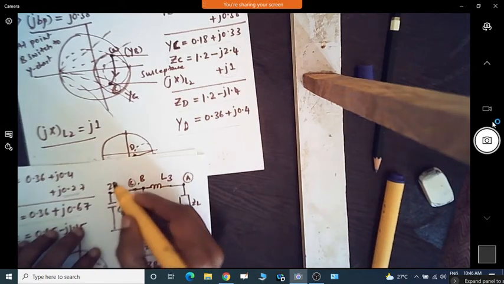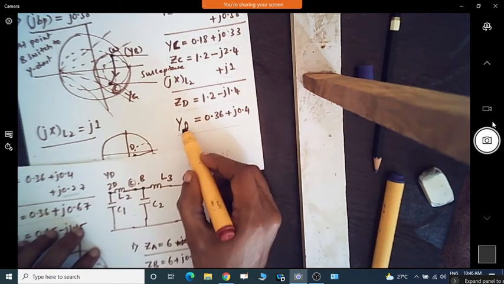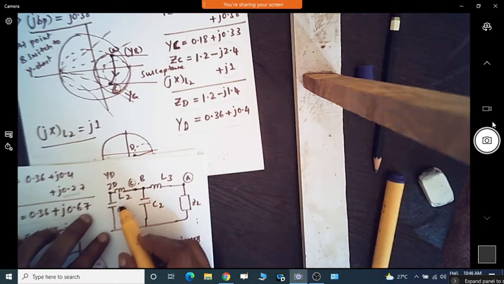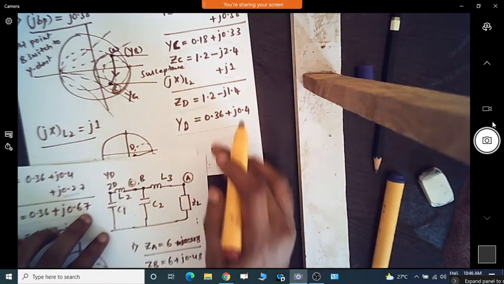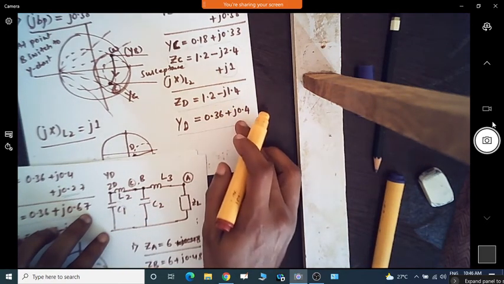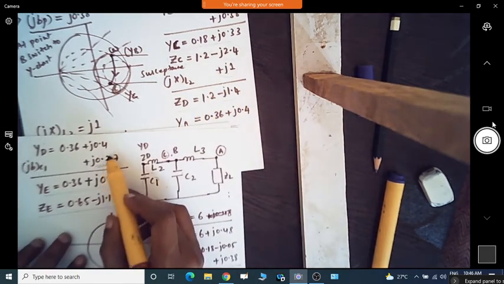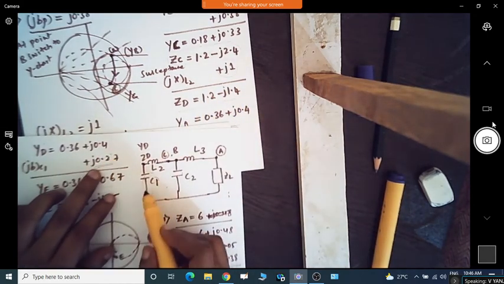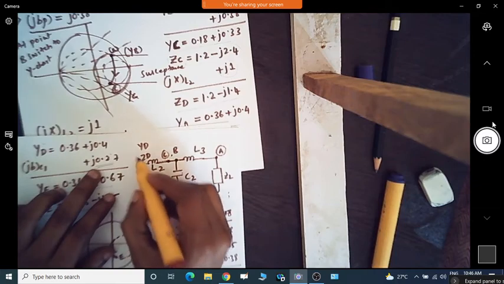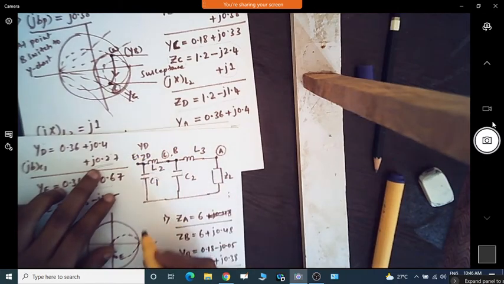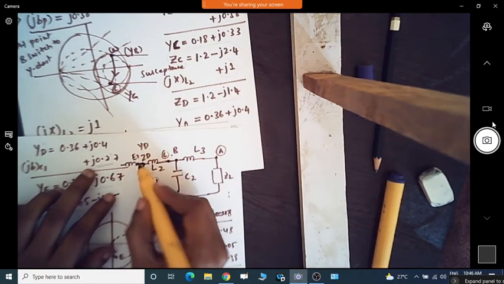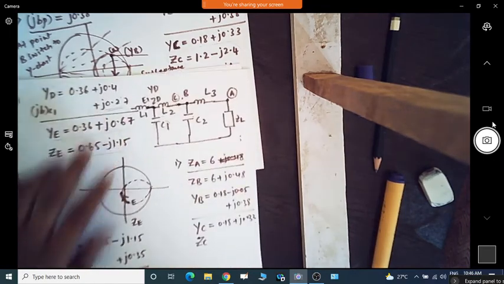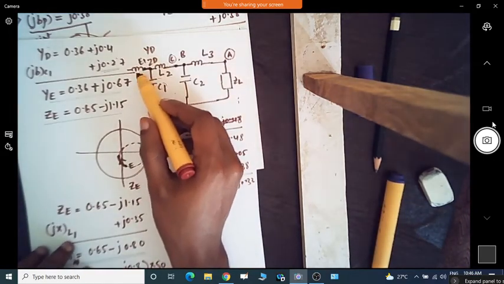At the same point ZD, we need to find out YD, since we need to add the capacitance of C1. So after finding out YD, we are adding the susceptance of this capacitor C1. We will get the new point E. At this E, again we are adding the reactance of L1.